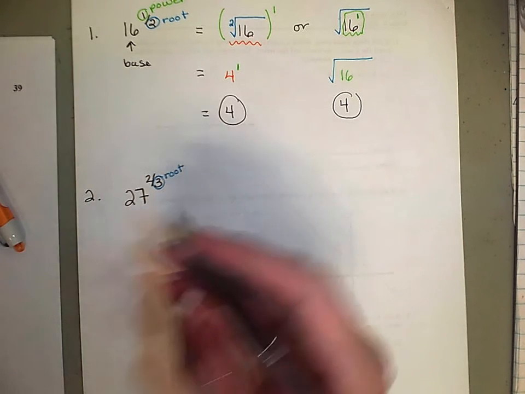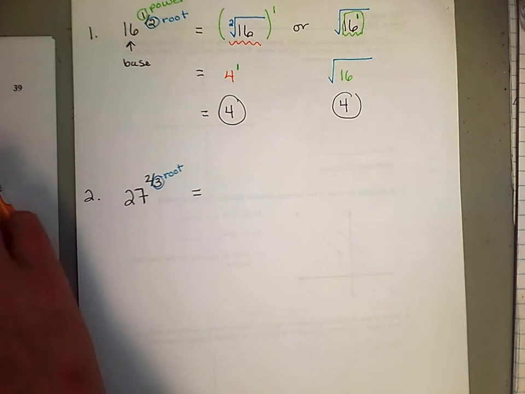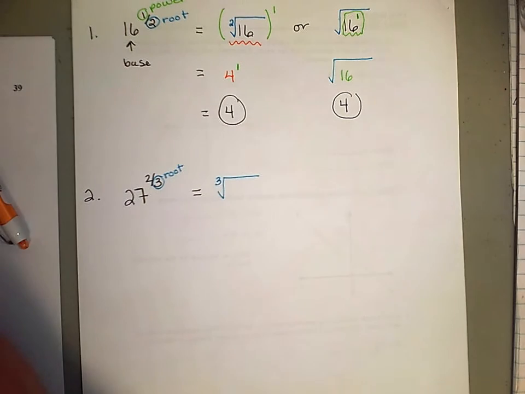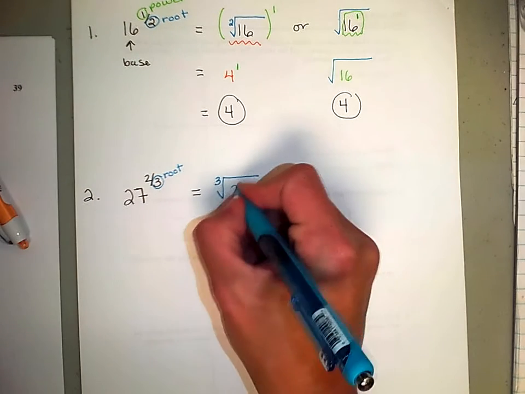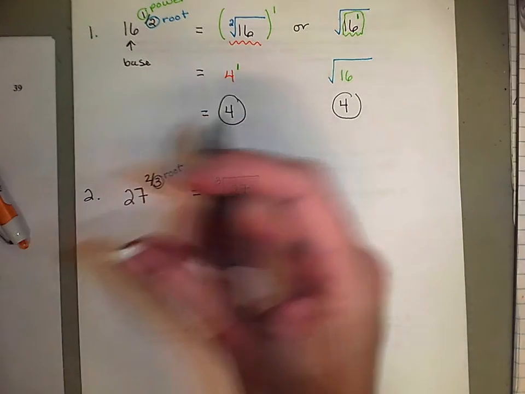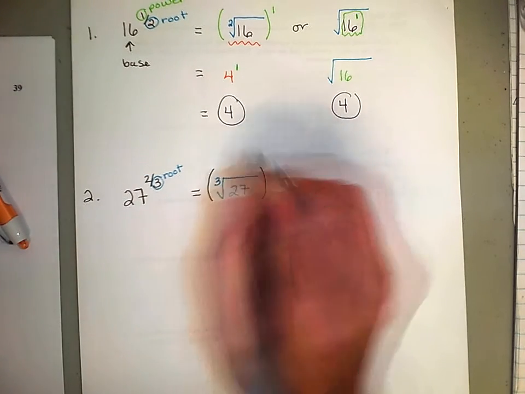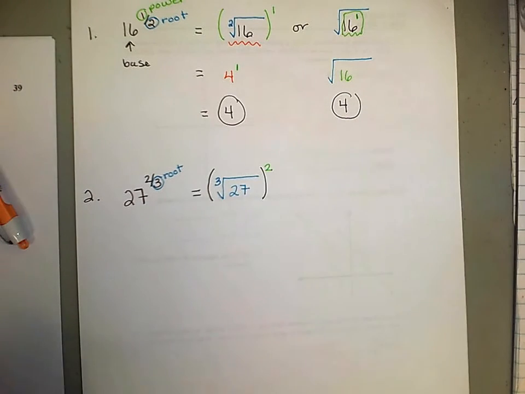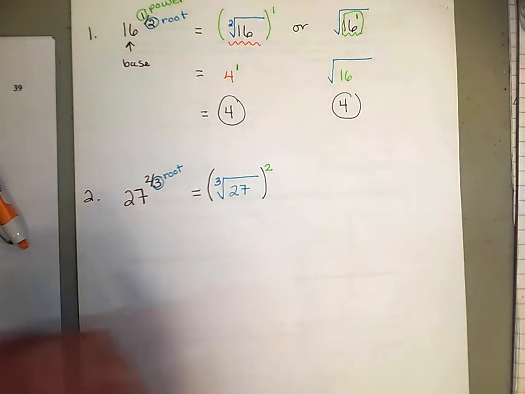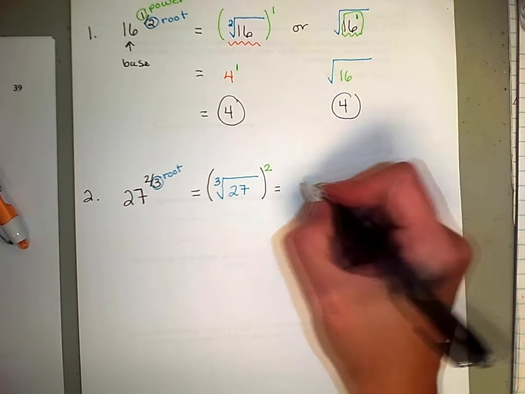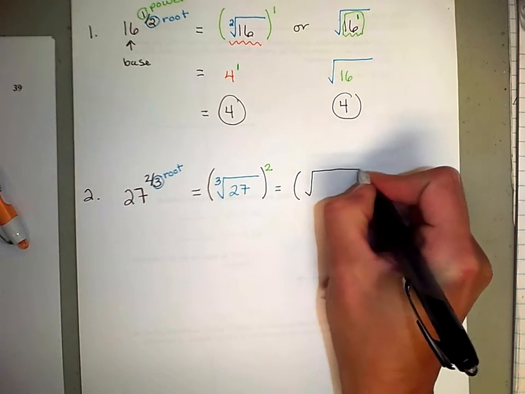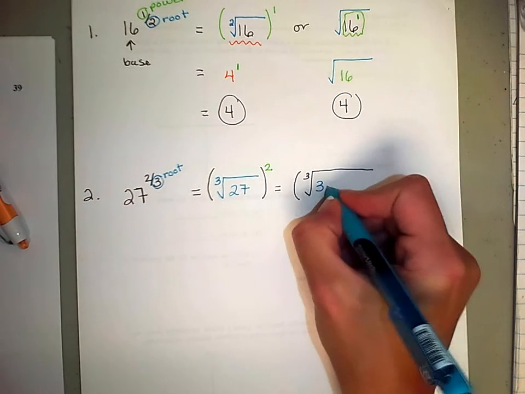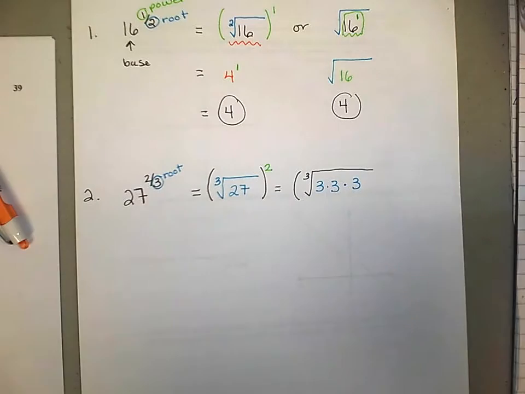So what I might do, I'm inclined to take the cube root of 27 first, because 27 is a perfect cube, and then raise it to the power 2. Now, just to illustrate that 27 is a perfect cube, this is the cube root of 3 times 3 is 9, times 3 is 27.